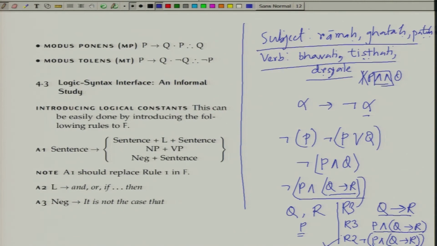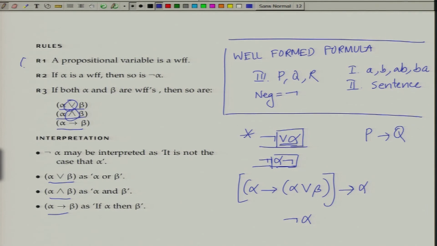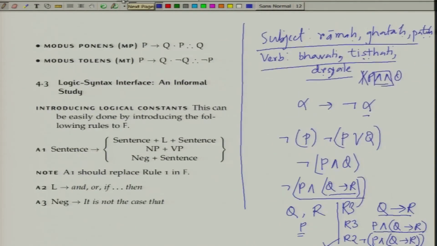So we write grammars because we want to come up with only grammatical constructions and we want to block all ungrammatical constructions. And we can see that these three very simple rules here can actually produce an infinite number of sentences in propositional calculus, and they can also block an infinite number of wrong constructions.